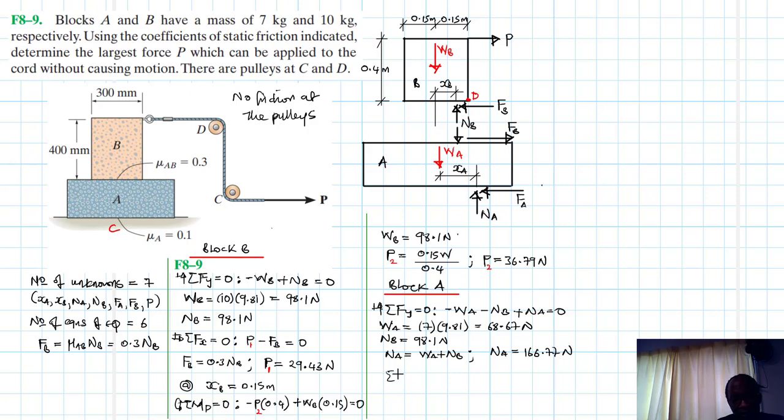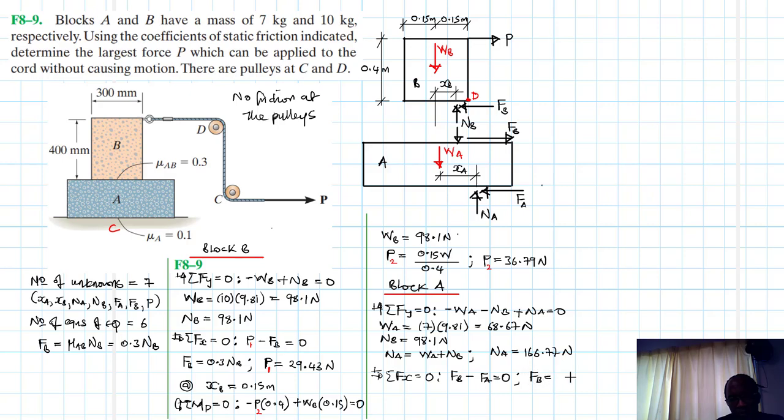Okay, then we have summation of forces in the X equal to 0. What do we have? We have FB minus FA equal to 0. And we know what FB is.